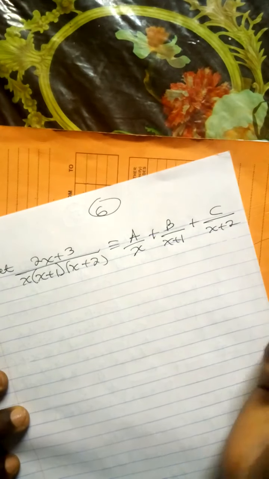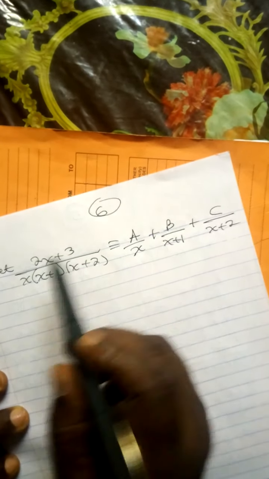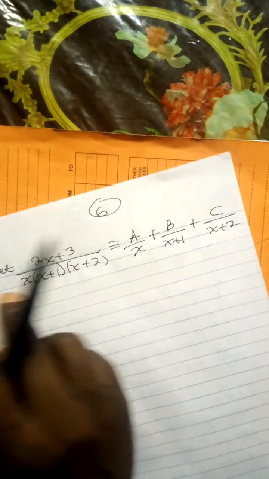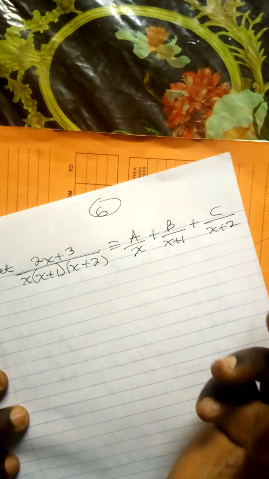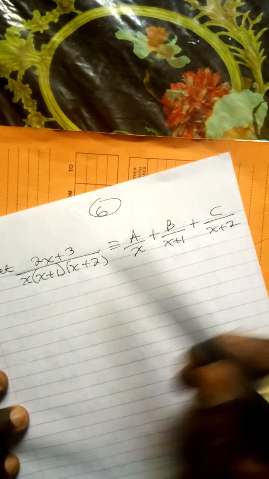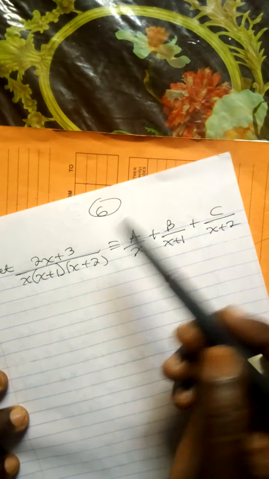So the next thing here, just as we did in the previous examples, is to clear the fraction. Clearing the fraction, here the LCM is the denominator of the left hand side, always. So multiply each and every term by the denominator of the left hand side, which is x into x plus 1 into x plus 2.